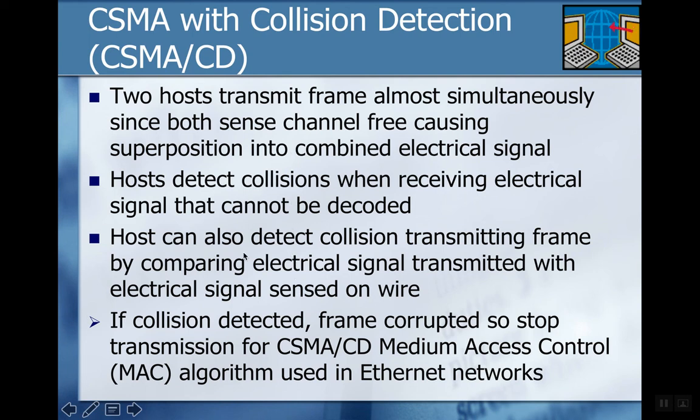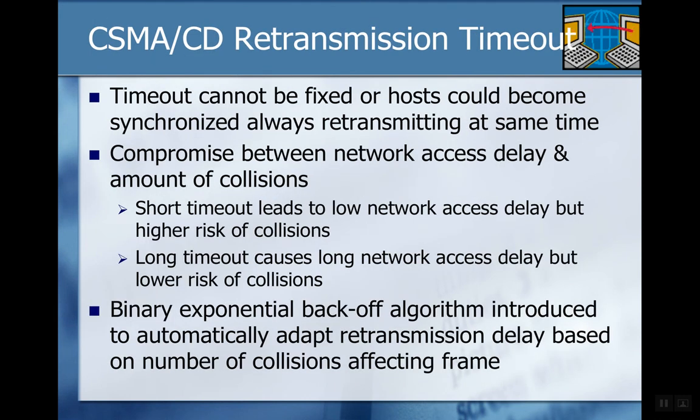So this is the mechanics of it. It just describes the mechanism by which this stuff is actually performed. Retransmit timeout: basically, it'll calculate a time which it will wait and then try again.